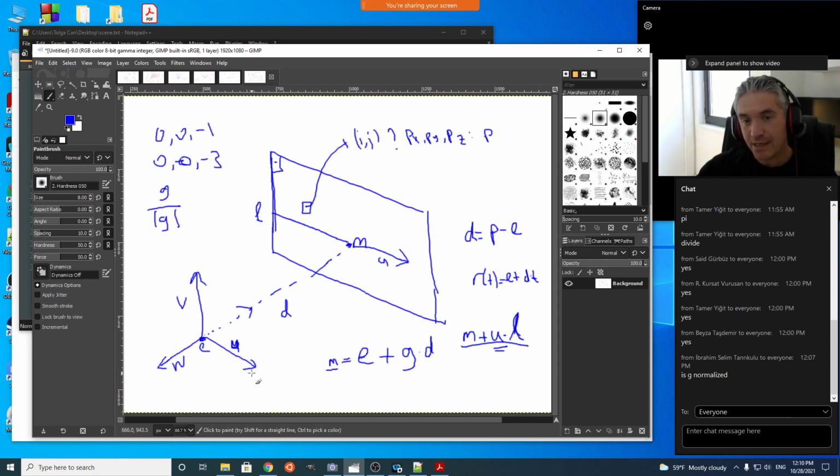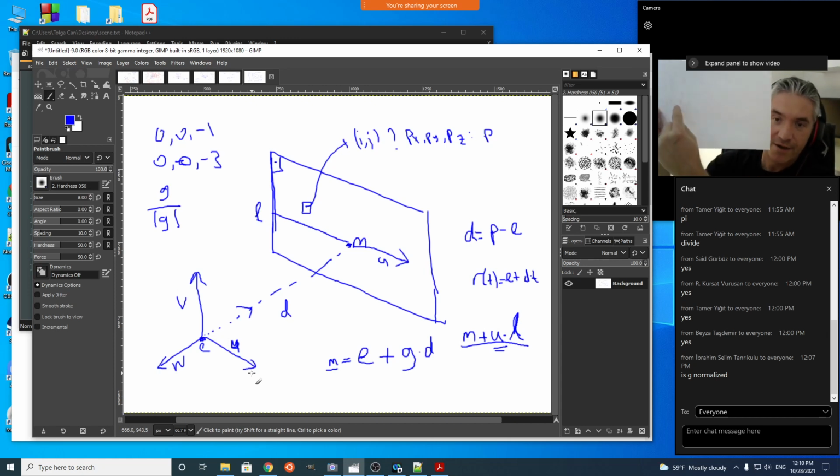U shows you the direction of your image window when moving horizontally to the right on the image. If this is your image and you're moving on a line horizontally, from left to right, that's U, and it's a unit vector as well.